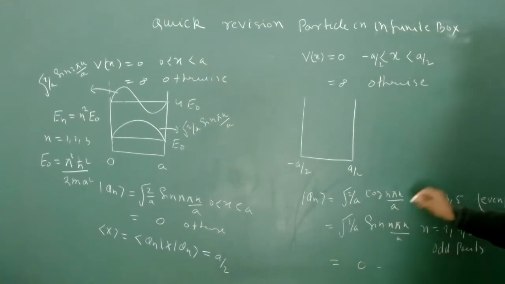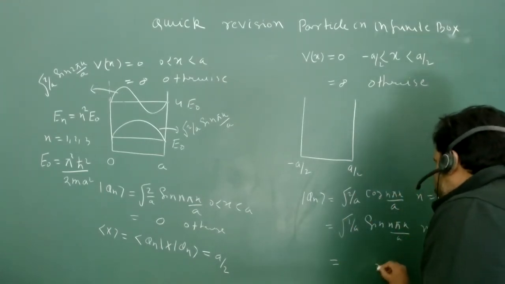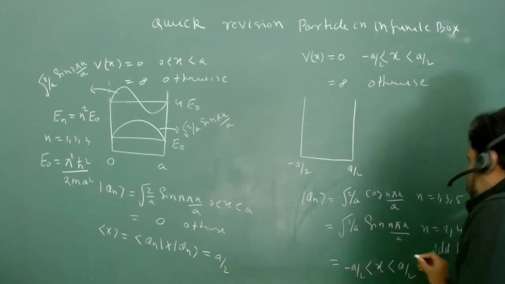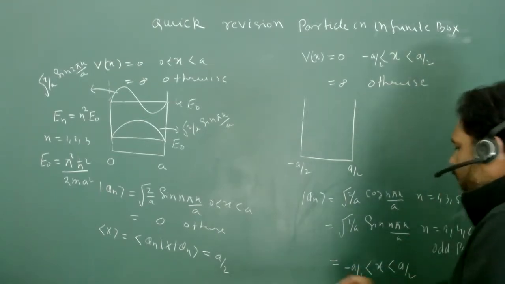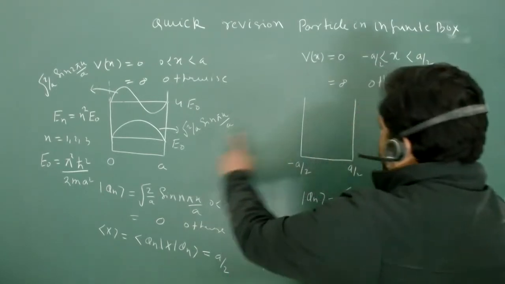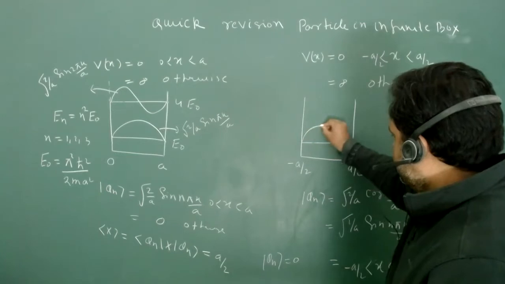These two wave functions are defined for x between minus a by 2 to plus a by 2, and phi n of x is again 0 outside this potential.